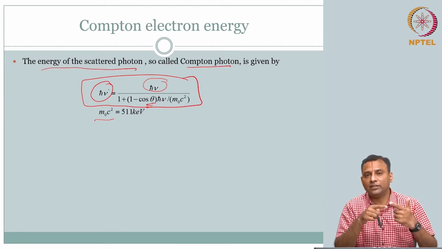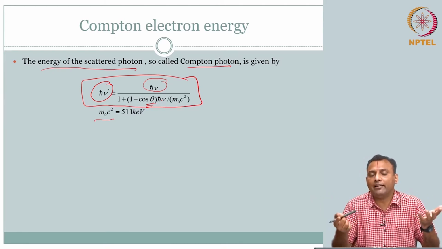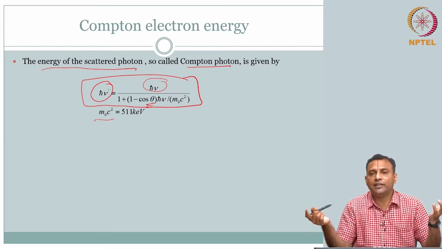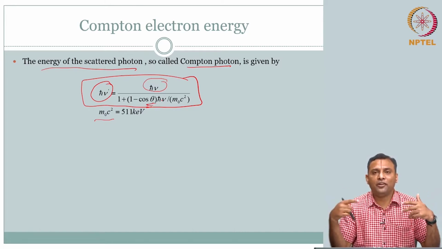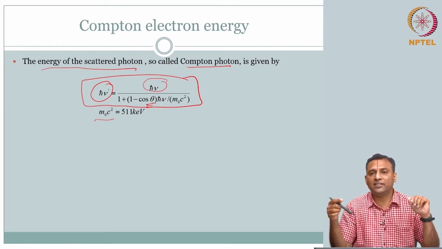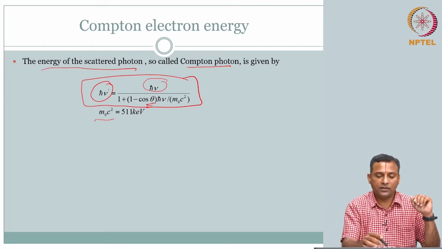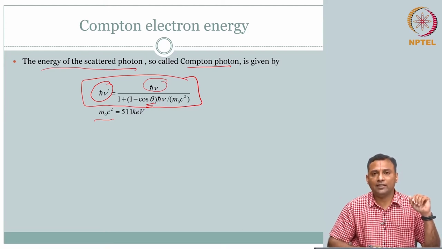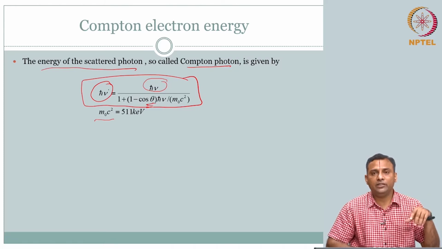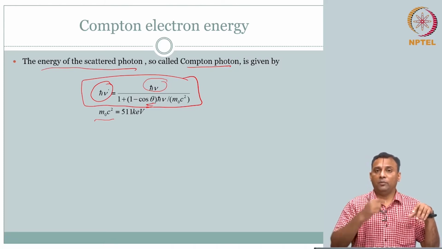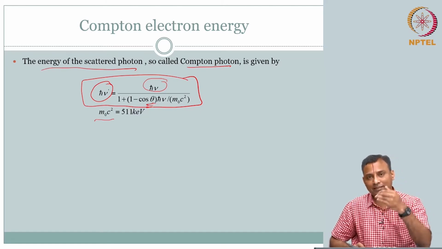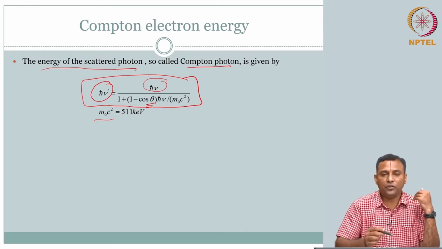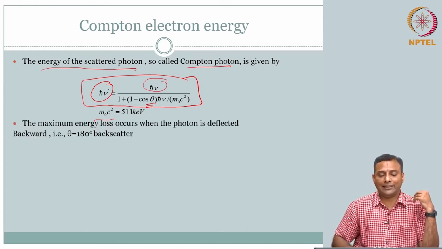Theta of 0 means it has not changed any path, that means it probably did not interact, and therefore there is no energy lost, and you will get the same energy. So, thinking in that spirit, when will it have lost most energy? Look at this, you have a 1 minus cos theta. So, it would have lost most energy when you have what we call back scatter, a 180 degree shift. When it comes back in the same direction, in that scenario you will have back scatter, which gives maximum energy loss.